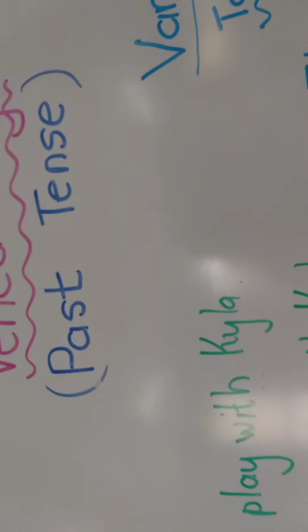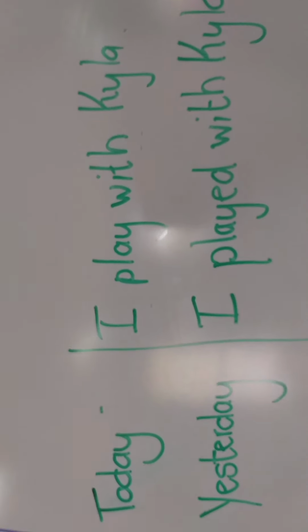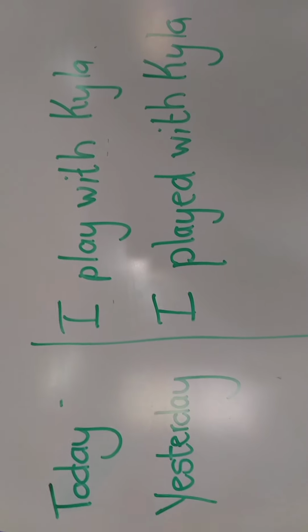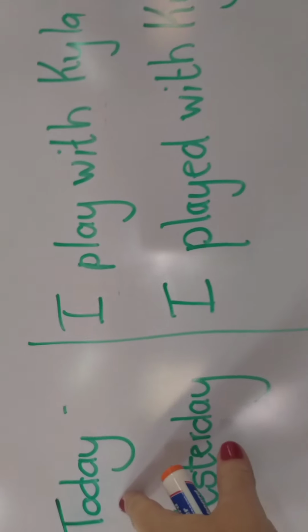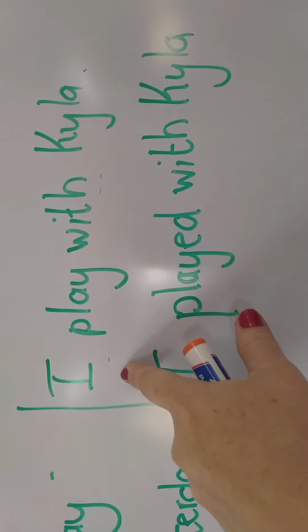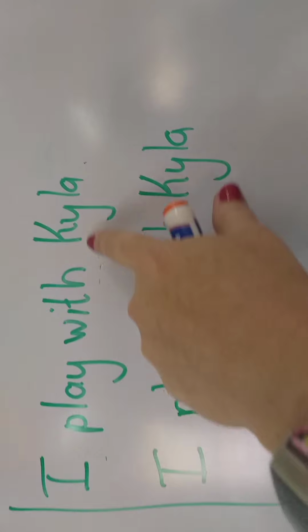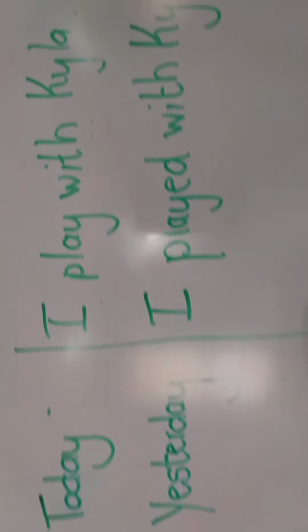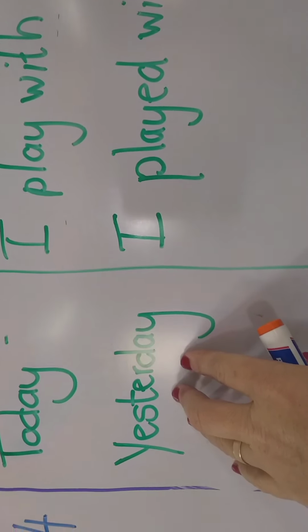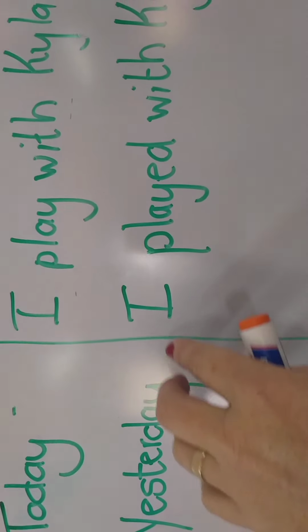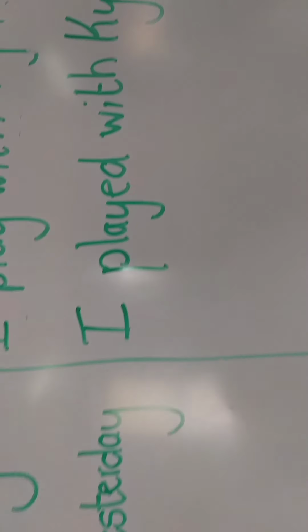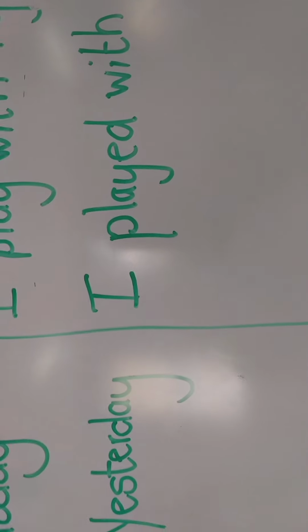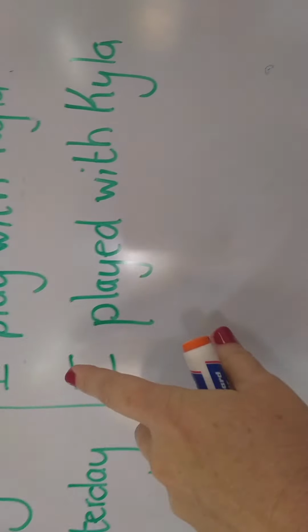Now, if you have a look at some sentences here that I've got on the board in English. If you have a today sentence, for example, I play with Kyla, and you change that to a yesterday sentence, all right? Now remember, yesterday is in the past, it has already happened, so we call that the past tense.